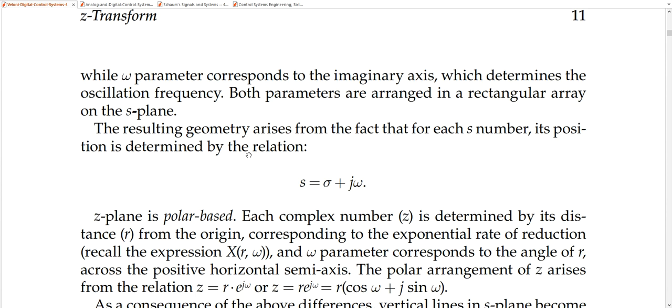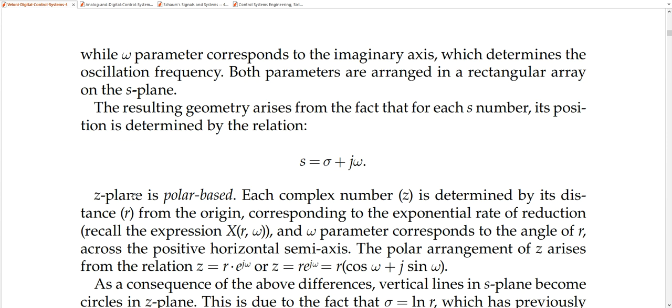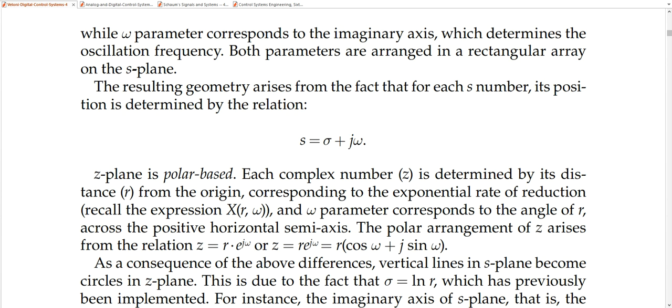So the resulting geometry arises from the fact that each S number has its position determined by the relation s is equal to lambda plus j omega. This is for the Laplace or the S-plane. Now the Z-plane is polar based, so its complex number is determined by its distance r from the origin, corresponding to the exponential rate, and the omega parameter corresponds to the angle of r across the positive horizontal semi-axis.